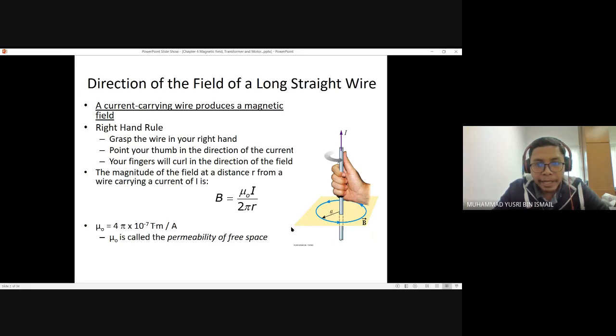And then R is the position where you want to calculate the magnetic field.